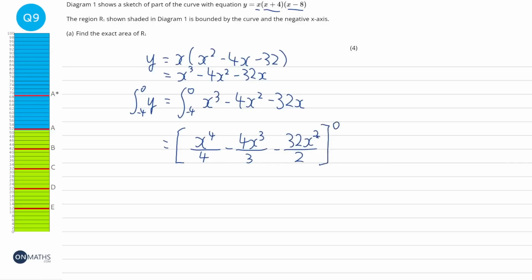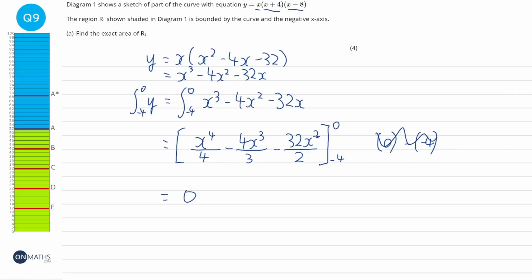And we still need to deal with the bounds. So what we're going to do is substitute in 0, and then substitute in minus 4, and we're just going to subtract them from each other. Okay, that's the simplified version. Don't write that in your exam. So when you substitute in 0, it's just going to be 0 because they're all x terms.